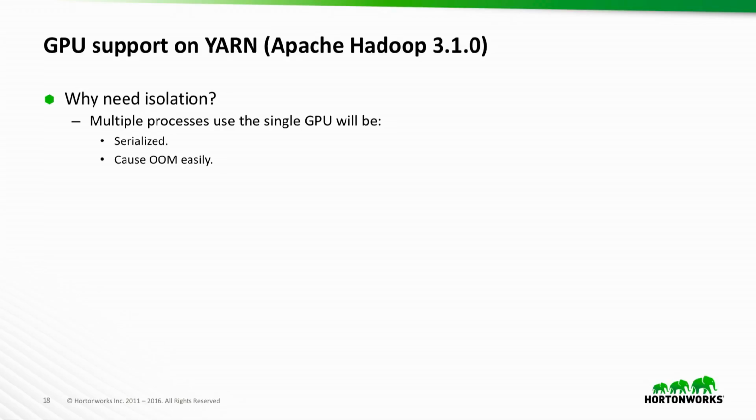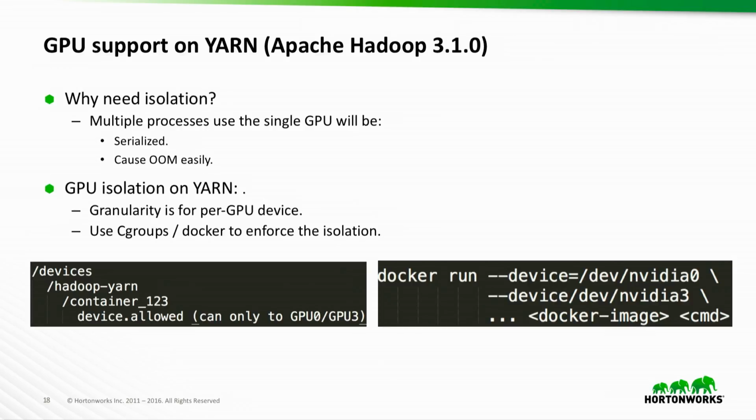This will cause the second one to starve or the work to get delayed. Also, some frameworks like TensorFlow will try to grab the GPU memory very aggressively. So if we place 2 TensorFlow applications or processes on a single GPU card, both of them cannot run. They will run out of memory. So that's why we need this.